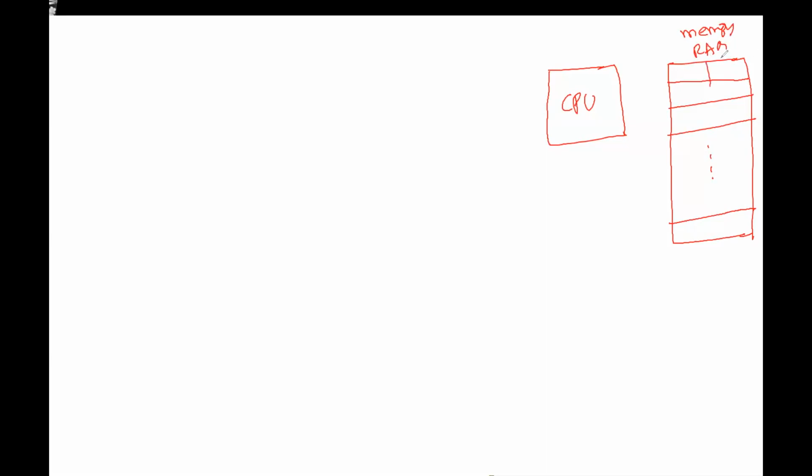So in every byte you store something like 0 1 0 0 1 1 1 1 0. I hope there are 8 bits here. And then this is the 0th byte, first byte, second byte. Every byte has an address.